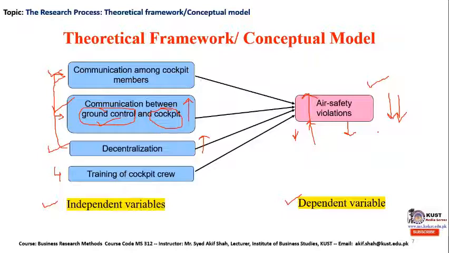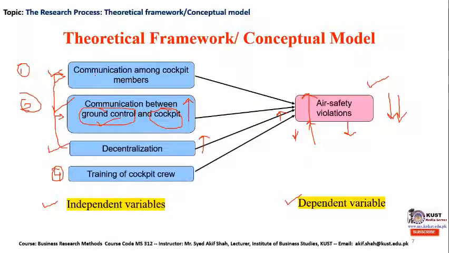Rather, I must say that there is a direct relationship between decentralization and air safety violations. If there is an increase in decentralization, it will lead towards more air safety violations. However, for the remaining factors, numbers 1, 2 and this fourth one, there is a negative relationship between the independent and dependent variables.